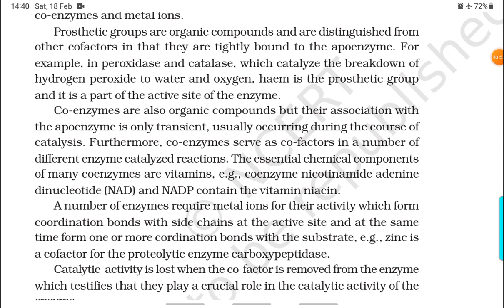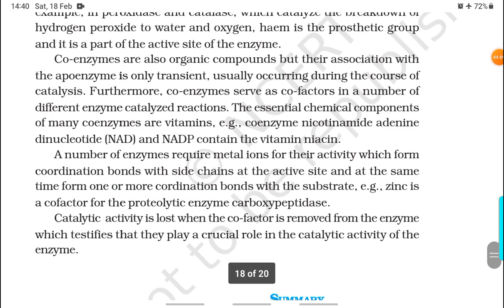Furthermore, coenzymes serve as cofactors in a number of different enzyme-catalyzed reactions. The essential chemical components of many coenzymes are vitamins. For example, the coenzymes nicotinamide adenine dinucleotide, NAD, and NADP contain the vitamin niacin.